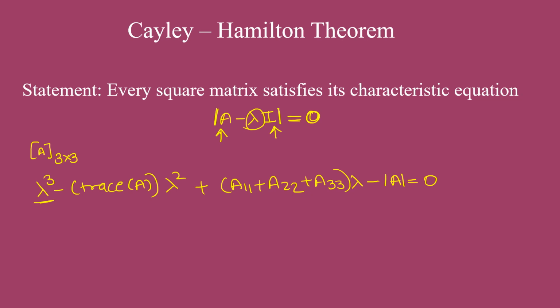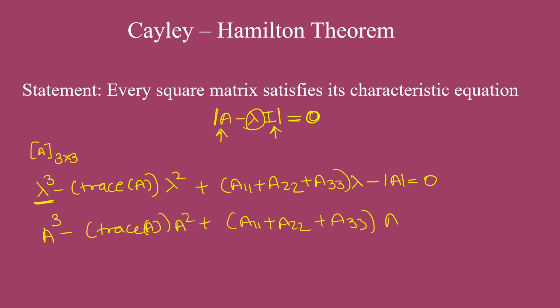That means in place of lambda, you have to replace this lambda by A, and still your equation is going to be satisfied. So I'm replacing here lambda by A, and your equation will look like this: A cube minus trace of A times A squared plus A11 plus A22 plus A33 times A minus, please understand that here determinant of A is a scalar value and we are doing addition and subtraction of matrices.